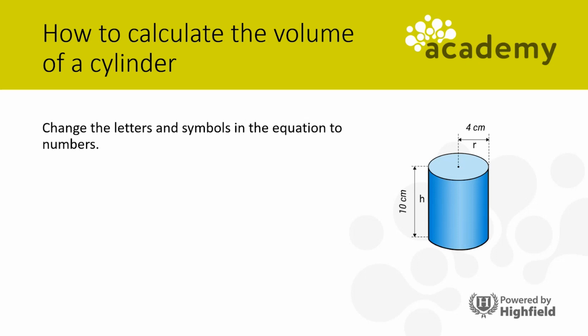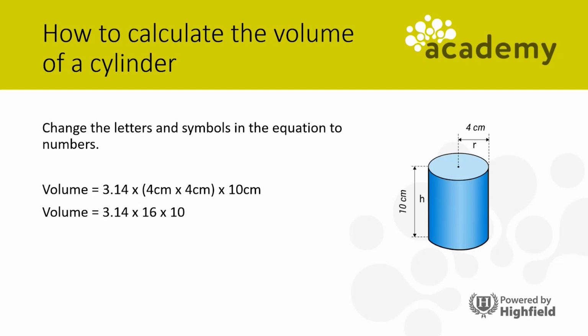So volume is 3.14 times the radius squared times the height. So now we can change the letters and symbols in the equation to the numbers. So volume in this example equals 3.14 times 4 times 4 times 10 centimeters. So that was also 3.14 times 16 times 10, or 502.4 centimeters cubed.